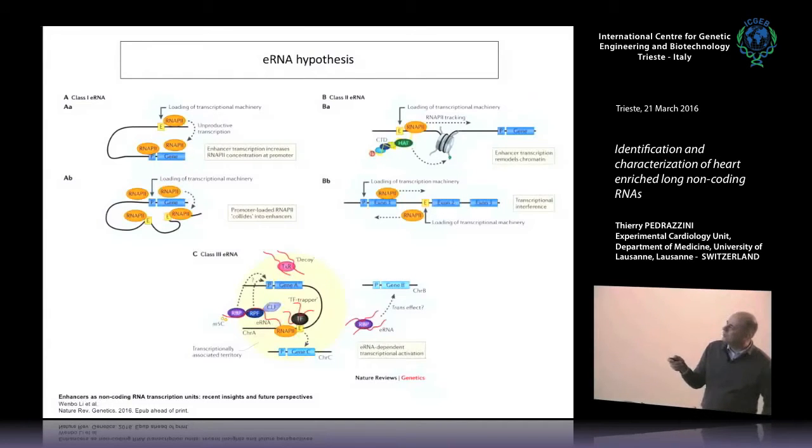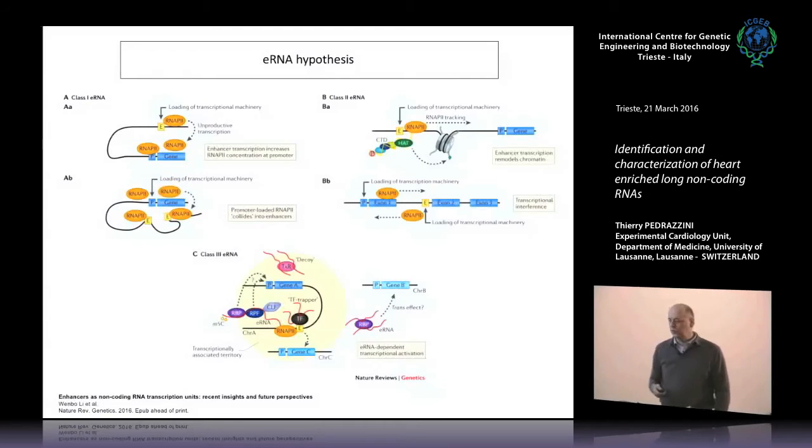And the machinery can associate primarily to the enhancer and then to the promoter, or primarily to the promoter and then transcribe the enhancer. So it works both ways. Here you have a role for the transcript and the enhancer, which is to bring the machinery in close vicinity to the promoter of the gene you want to activate.